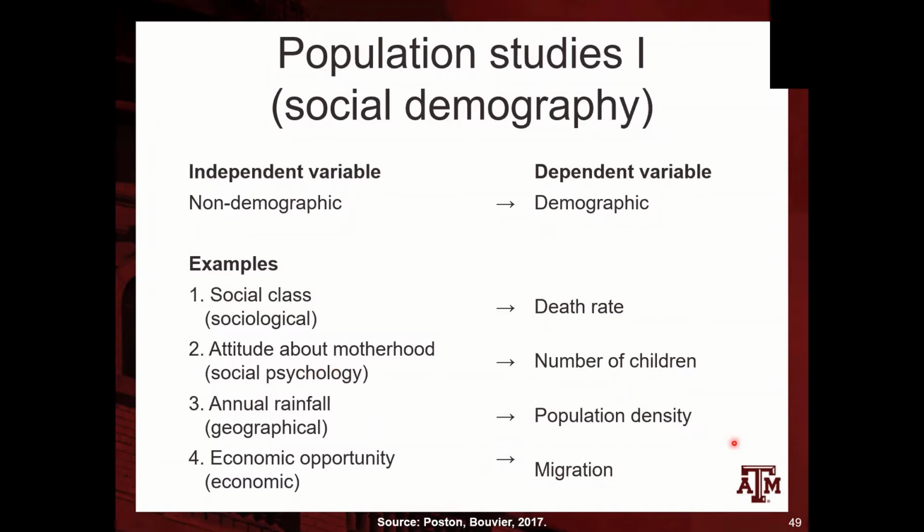Some areas might have more annual rainfall, and it's really hard to live there, and then you're going to have fewer people living in that area. Or the opposite, some areas that don't have any rain at all become just deserts, and it's hard to live in those areas. That will also decrease population density.